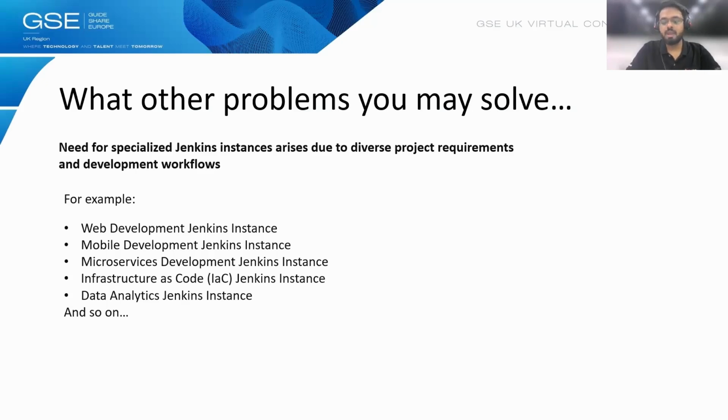There might be, again, hundreds of other problems that you can solve, but this is the basic one I would think of. And I think everyone might be thinking from their organization's perspective about what things they might have to run specifically on Jenkins for a shorter span of time. Suppose there is a QA team which is specifically running some test cases or test scripts, but they don't want to do it on a large, big Jenkins server.